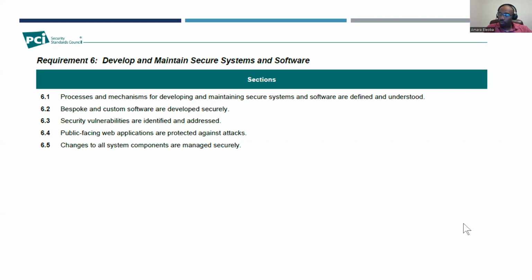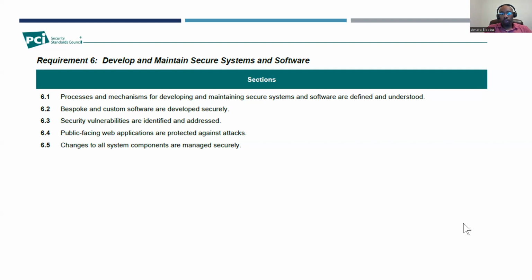Now, custom software is software that your developers in your organization designed or developed for the use of the organization. So that we can understand the difference. 6.3 refers to security vulnerabilities. We want to make sure they are identified and addressed.